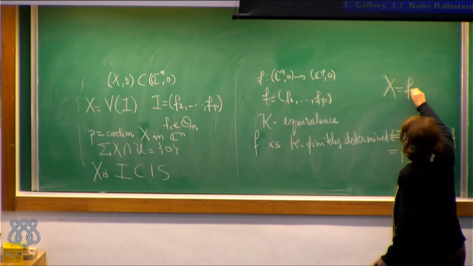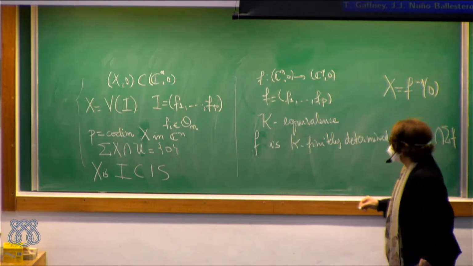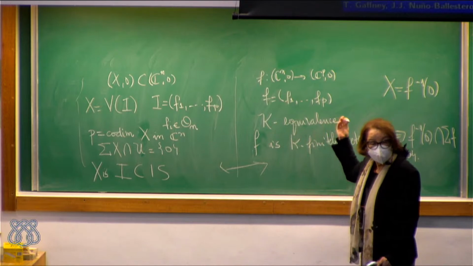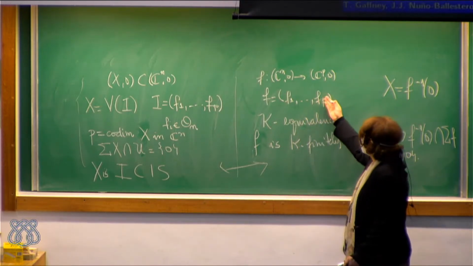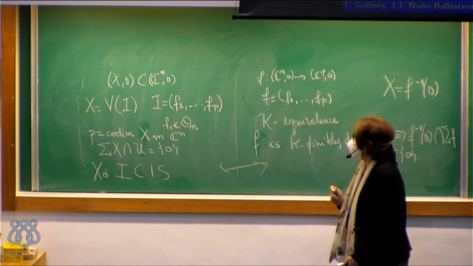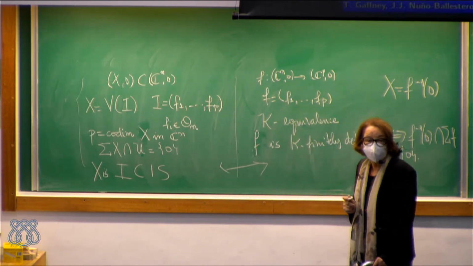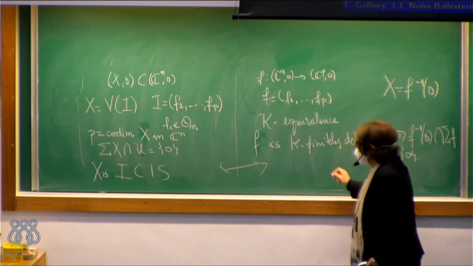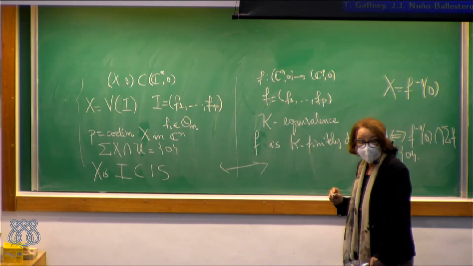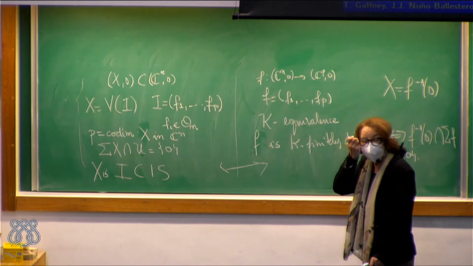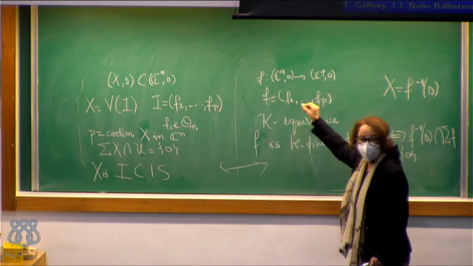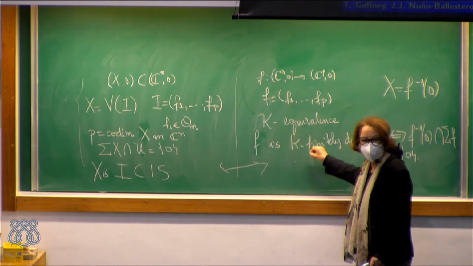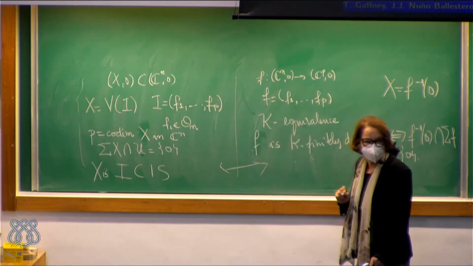This is X. And we have then the bridge between the theory of ICIS and the K equivalence of germs, F1, F2, Fp, where these are the generators of the ideal defining the X. So what we are doing in this lecture is to study the infinitesimal methods of singularity theory of mappings in such a way that I can use them as an important tool to study ICIS.